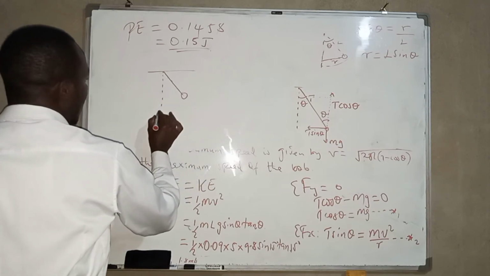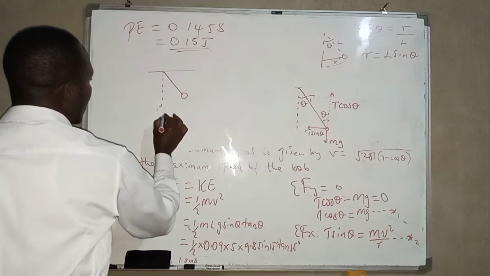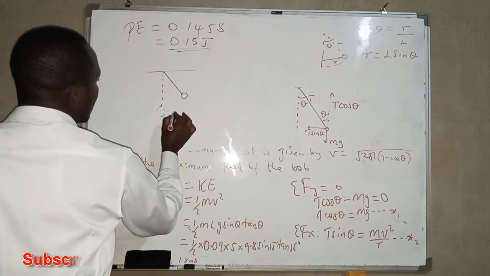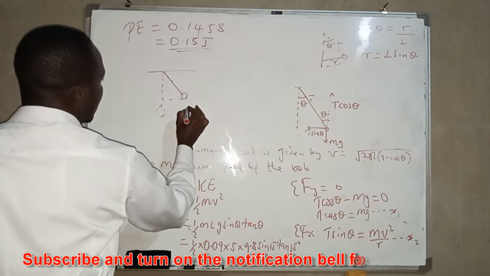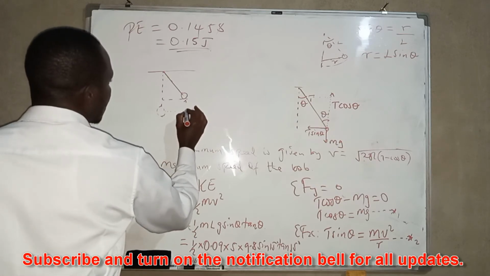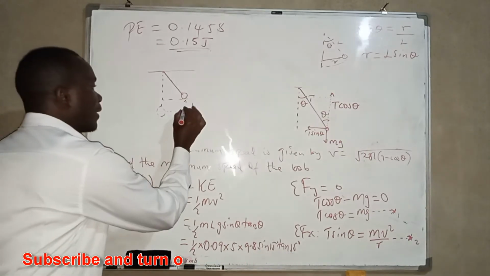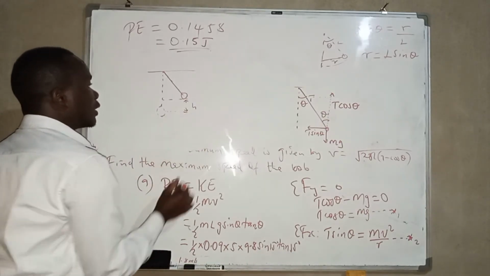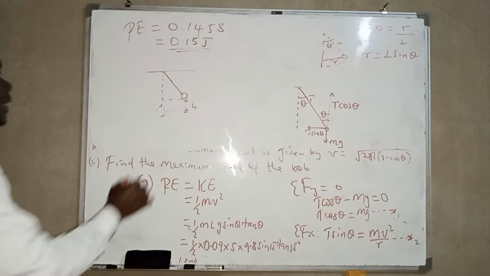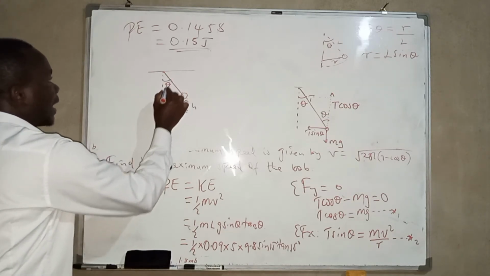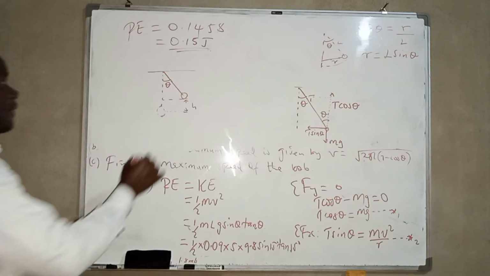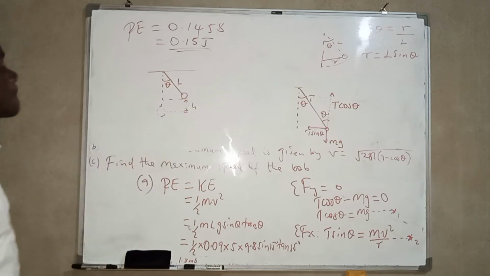So this is here, then we have got this one here, and then we have this point to this point. So this is h, which is the displacement from the original position or the point of equilibrium. Then we have this as theta, and then we have this one as L.